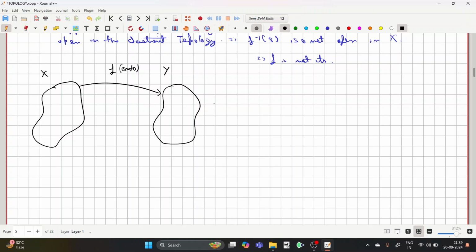Now, since it is onto, every element will have a pre-image in X. Suppose I start with an element y here. It will have a certain pre-image here, but clearly this pre-image need not be a singleton set, because we are not concerned about whether f is injective or not. So this pre-image will be some subset of X. Clear?